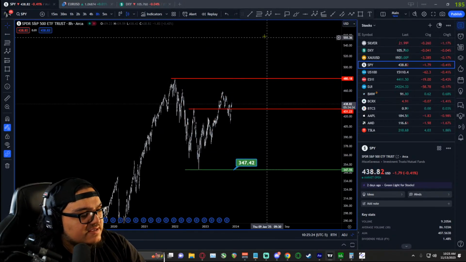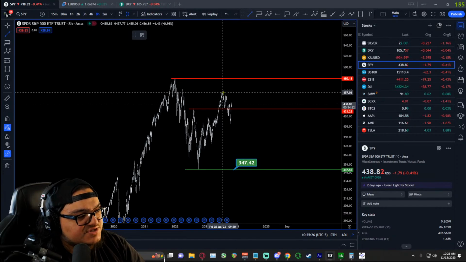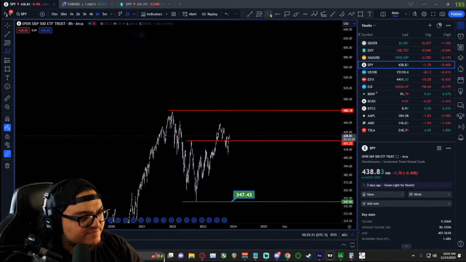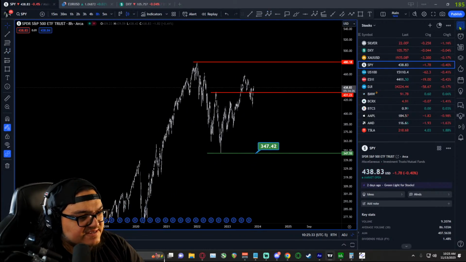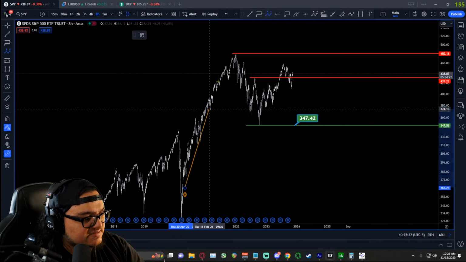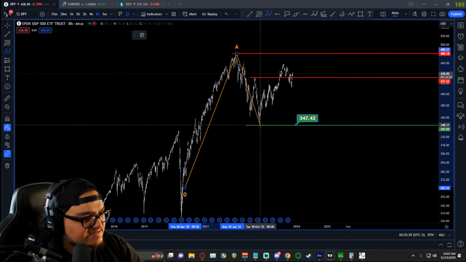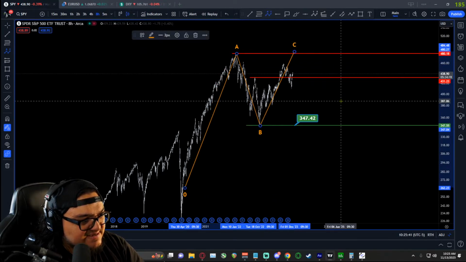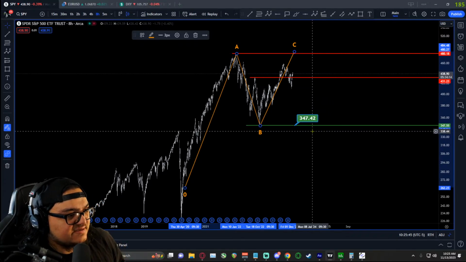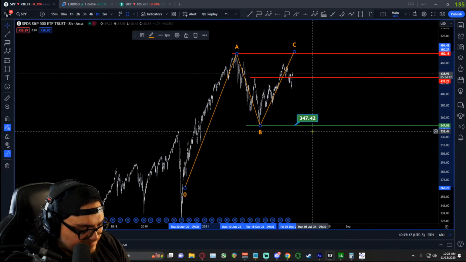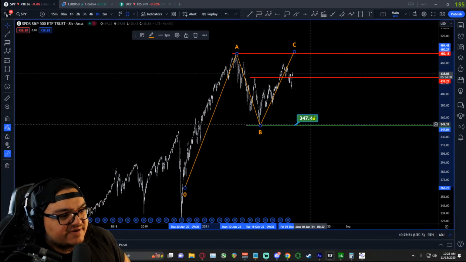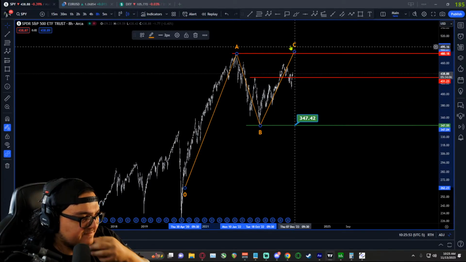Or if we do break out of this range and we do break this high, I need a very, very big move, right? We can't be doing this on the S&P. If we start seeing price action move like this, to where we just get a little tiny squeeze above and that's it, very bad for the markets in my opinion. So it's probably a little while away until we have a better idea of where the markets are going to go.